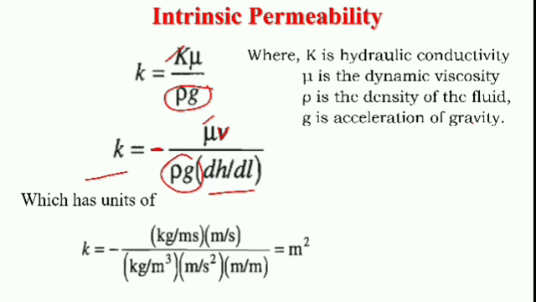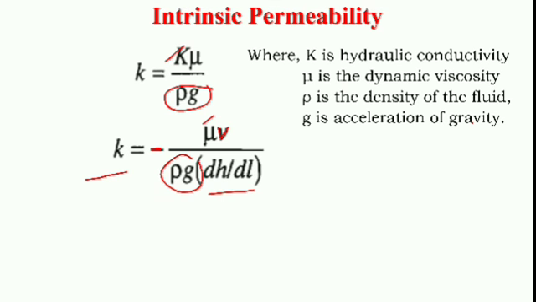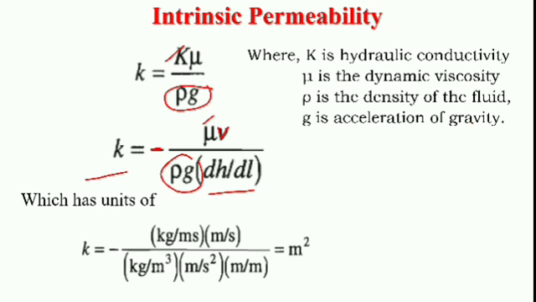And g, the acceleration due to gravity, is meter per second square. dH by dL is meter by meter. If you solve all these, you will get the unit of intrinsic permeability as meter square. Meter square is the unit of area, so we can conclude that the intrinsic permeability has the unit of area, that is meter square.